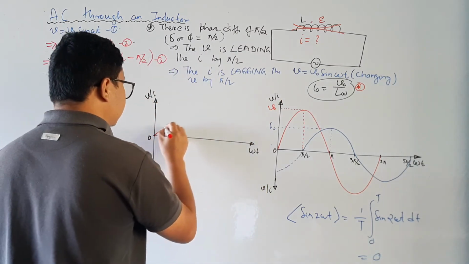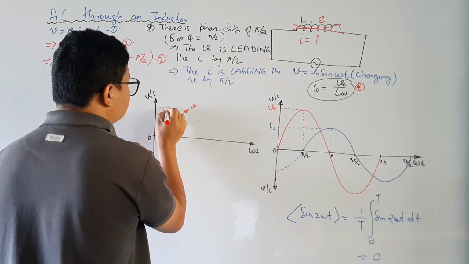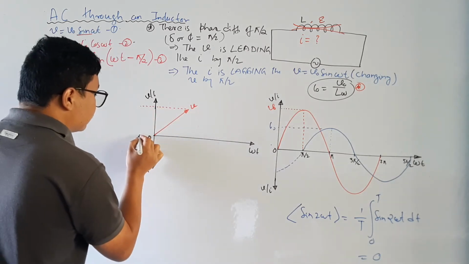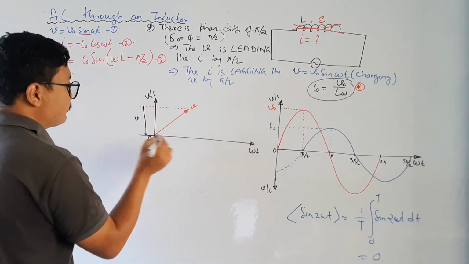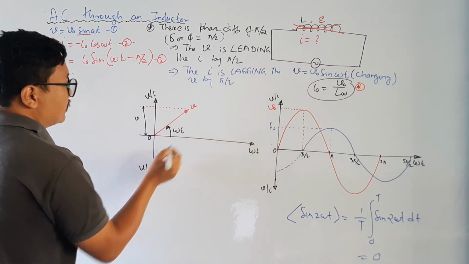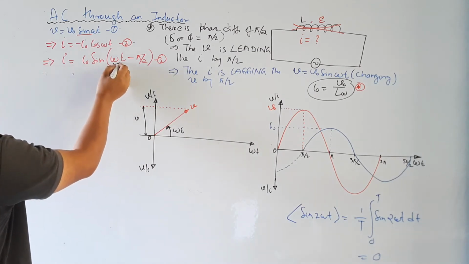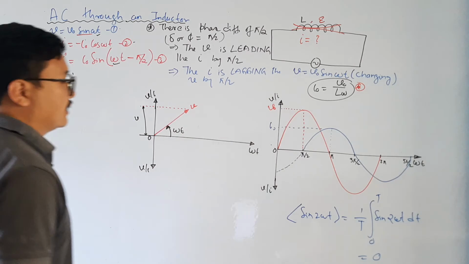Say this is V, and this angle is the phase angle, which is omega t. This omega t is common in current also, in voltage also there is omega t. So, this will always be my omega t.